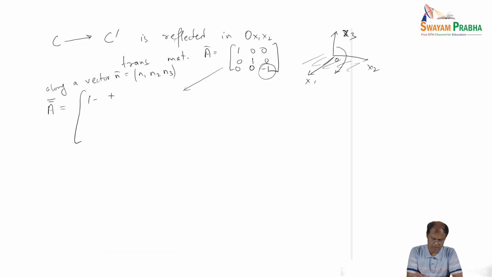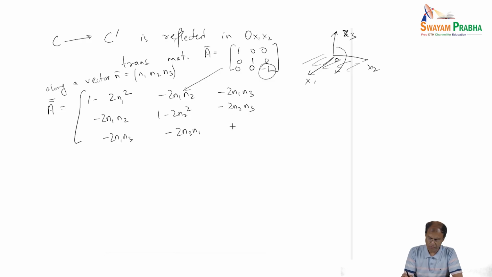So we get the matrix: 1 minus 2 n1 square, minus 2 n1 n2, minus 2 n1 n3; minus 2 n1 n2, 1 minus 2 n2 square, minus 2 n2 n3; minus 2 n1 n3, minus 2 n3 n2, 1 minus 2 n3 square. So this is what we have.